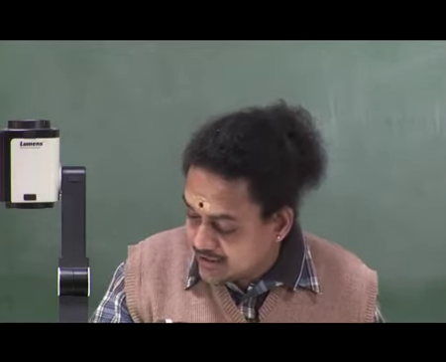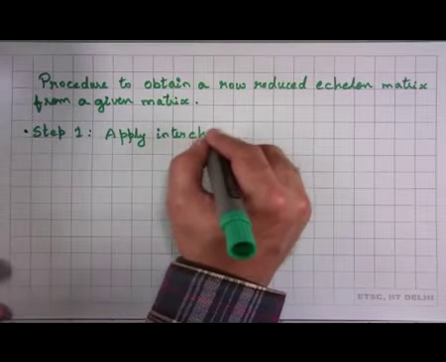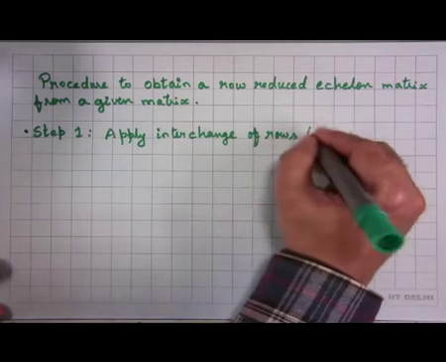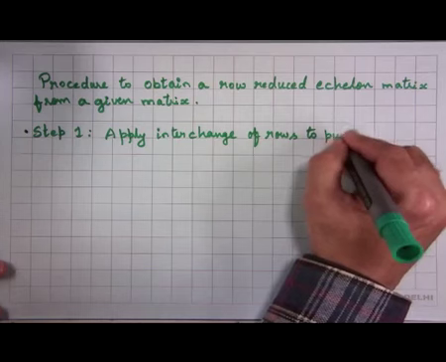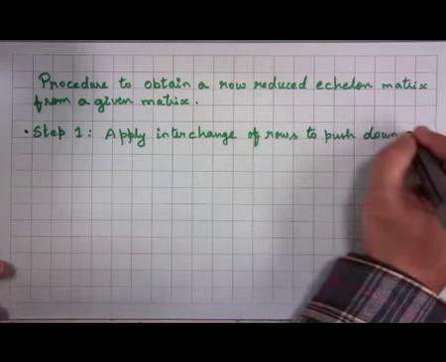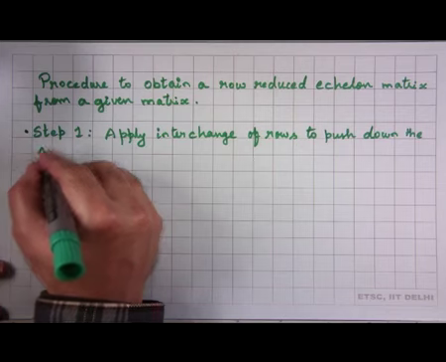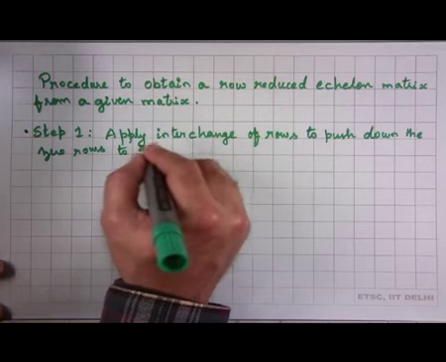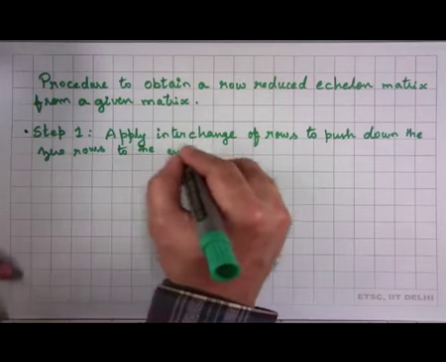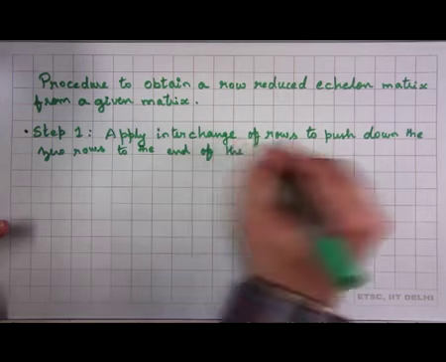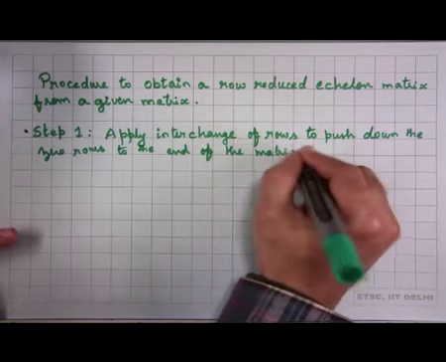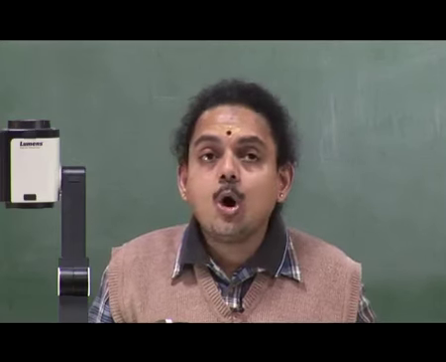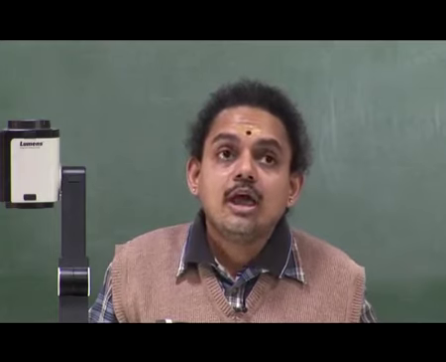So, if that is not the case, apply interchange of rows to push down the 0 rows to the end of the matrix. So, once you do this, what will happen by the end of this? All the 0 rows will be below every non-zero row.